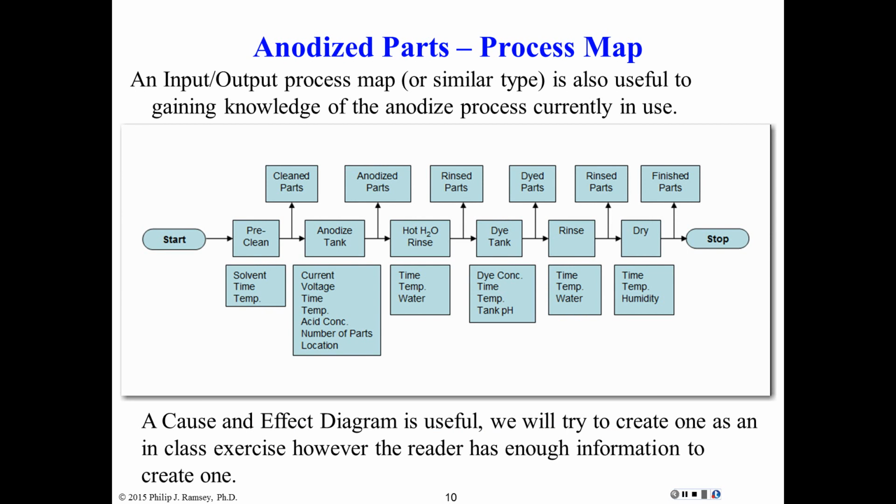And one of the things that's of interest, by the way, these inputs at the different steps, currently most of this information is not being tracked, so the team is going to have to implement a data collection strategy to try to collect information on key process variables.